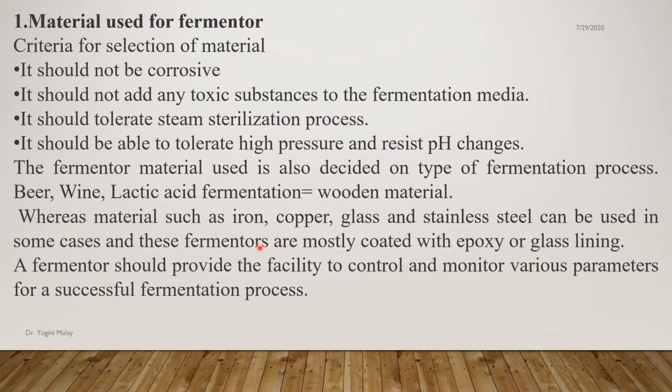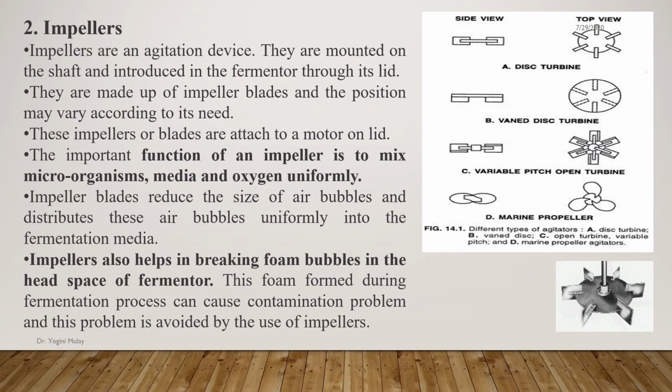Whereas in other types of fermentations, we can go for iron, copper, glass and stainless steel as a material for the construction of the fermenter. And this fermenter should provide the facility to control as well as to monitor the various parameters for the successful fermentation process.